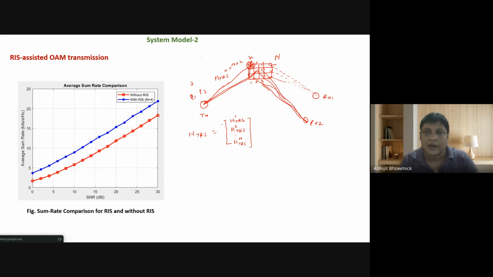And what would be this HTRS k? That HTRS k, k value can be 1 and 2.